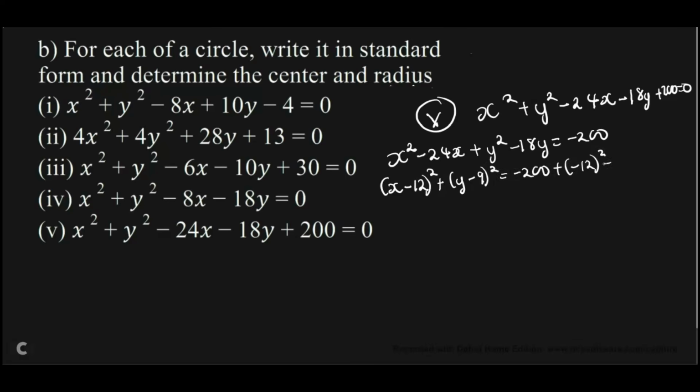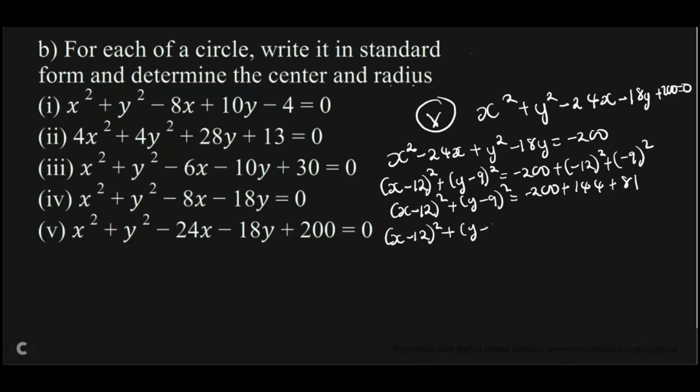Then the half of the negative 18 is negative 9, such that you have y minus 9 squared there, that is 200 plus 144 plus 81, right? So x minus 12 squared then y minus 9 squared.